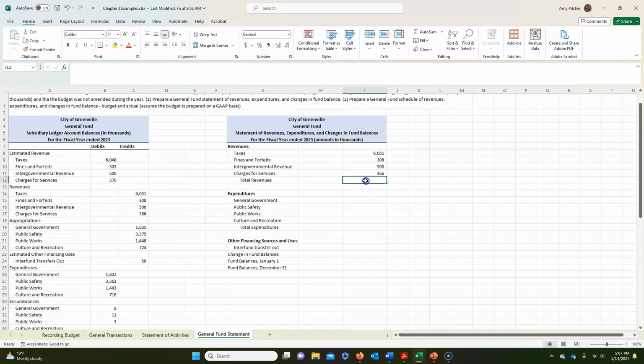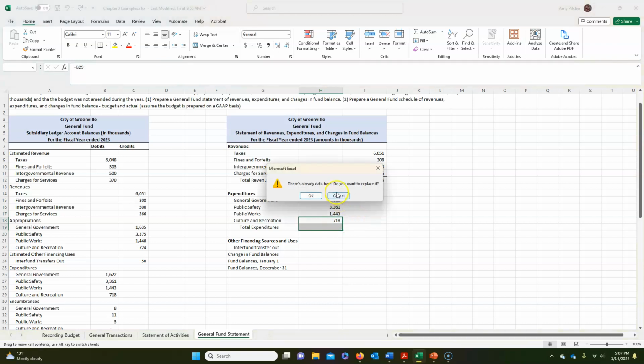And then our total revenues is, of course, the sum of all of these revenues. We then have our expenditures, so not appropriations, but actual expenditures. So we have the expenditures of the general government. Here, we're going to copy those here.